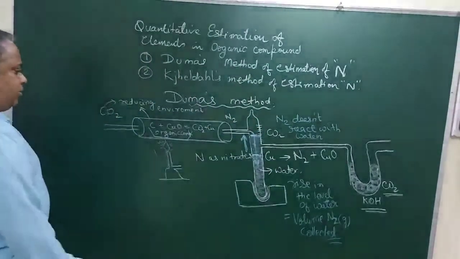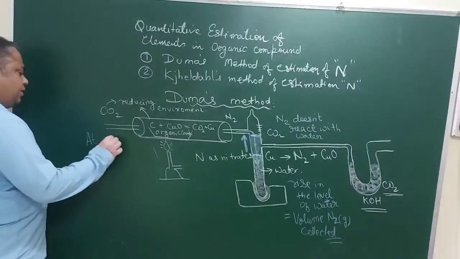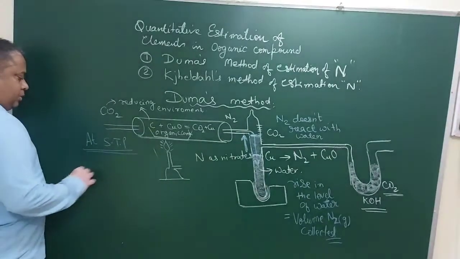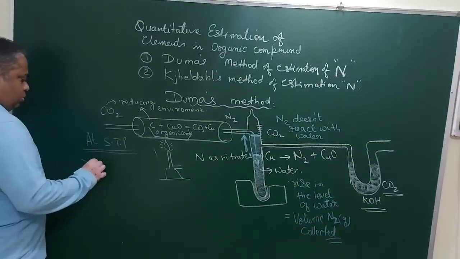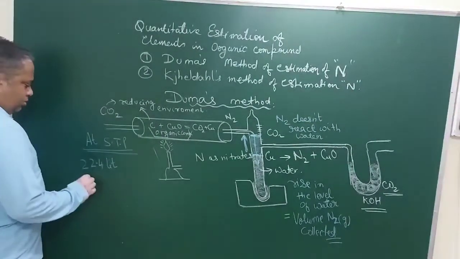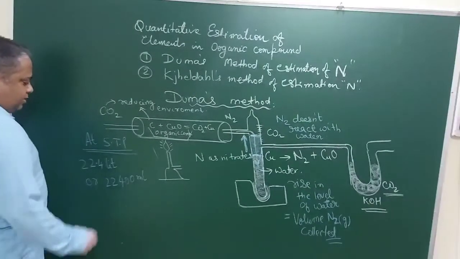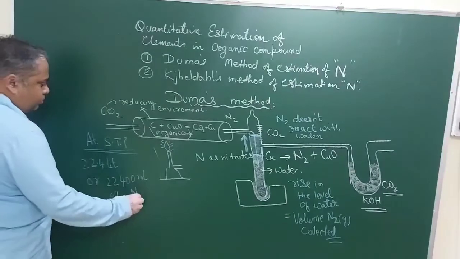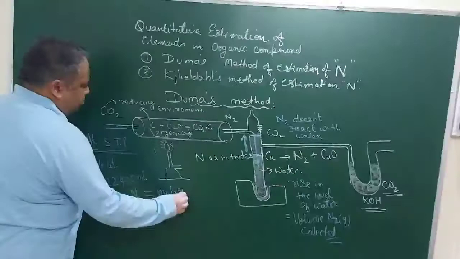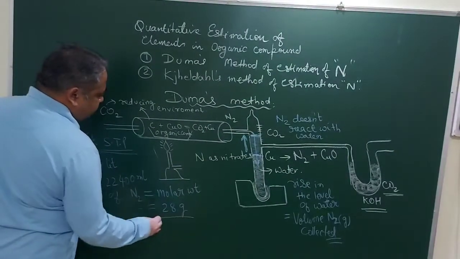Now we know that at STP, at standard temperature and pressure, 22.4 liter of any gas or 22400 milliliter of any gas will be equal to its molar weight, that is equal to 28 gram for nitrogen.